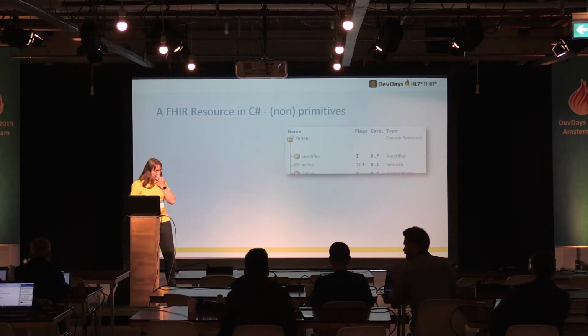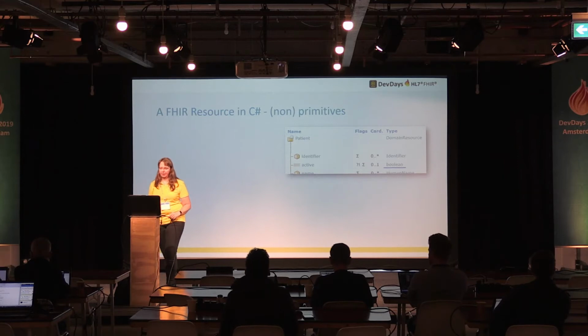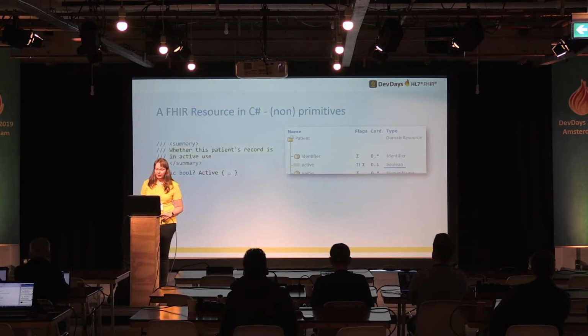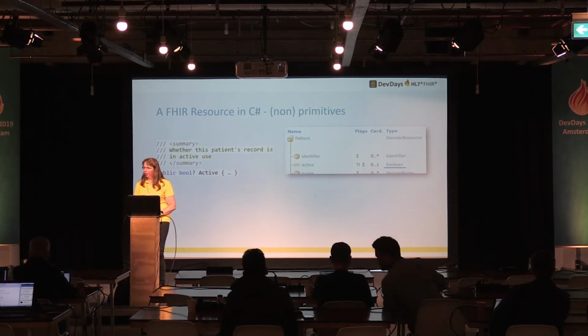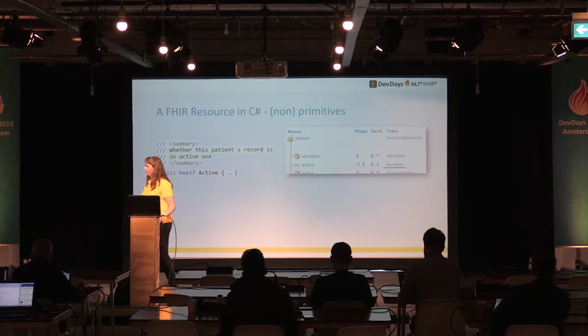Within the FHIR library, you will see that there are primitive types and non-primitive types. So for example, we have this active field within the patient. It is of type Boolean. So in code, you will probably just want to fill in a true or a false value.